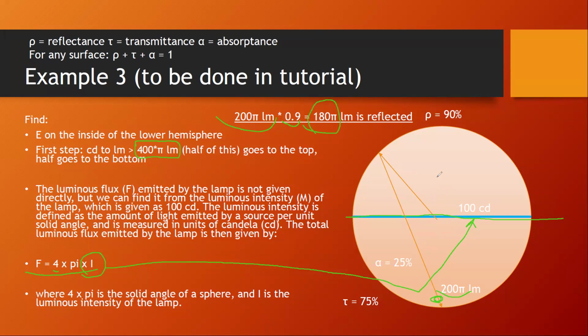So out of these 200 pi that you have for the upper side, 180 of it is going back down. You sum that up with this 200, that's going to be 380.